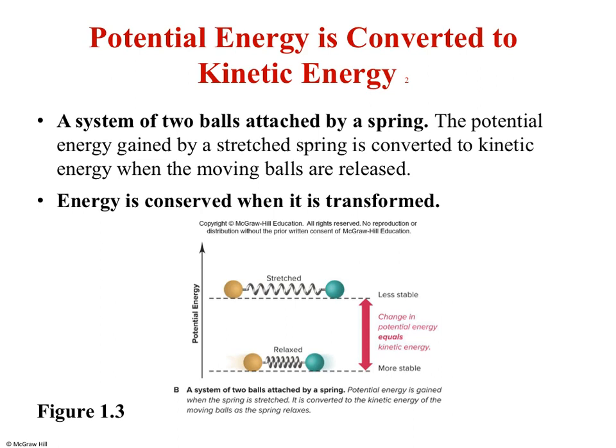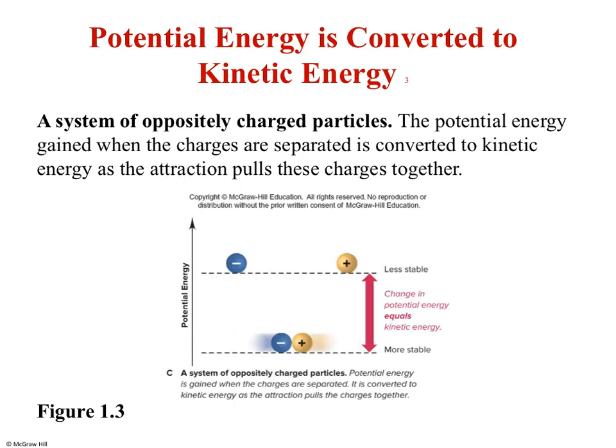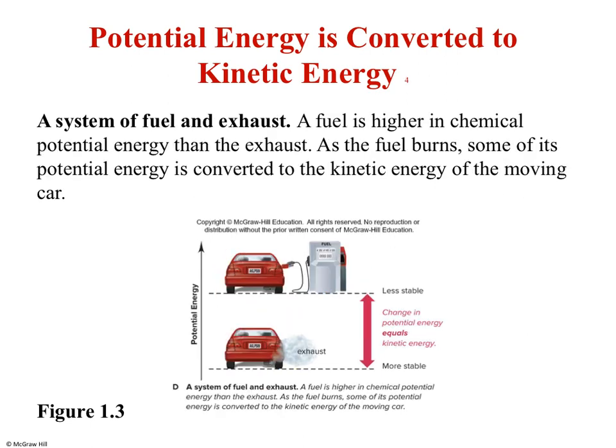And we'll talk about that later on in other chapters, and we'll actually do mathematical equations for that. Opposites attract, so a negative charge and a positive charge will be attracted to each other. And this is actually showing you the potential energy.